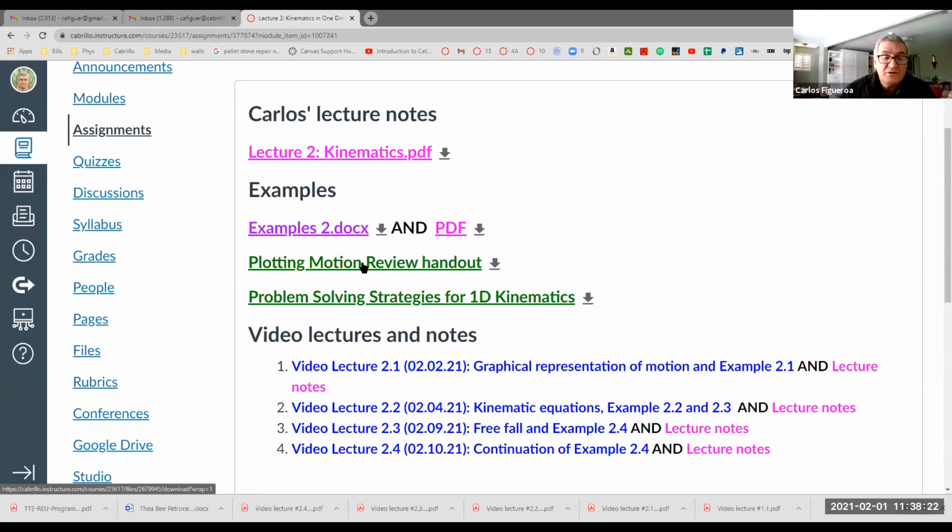You see that in green, I have this thing called Plotting Motion Review Handout. If you open that link, here's what you're going to see. You can download it or you can preview it.